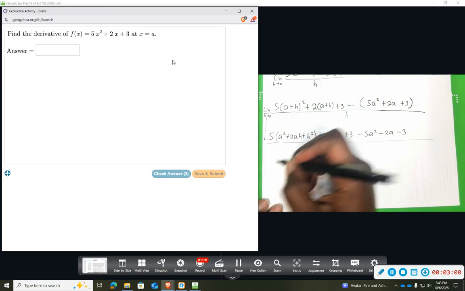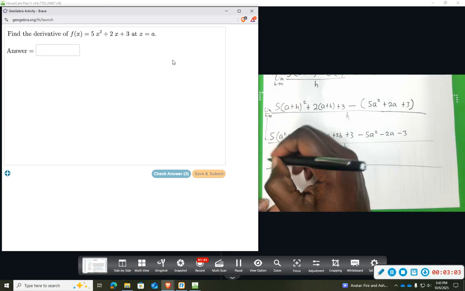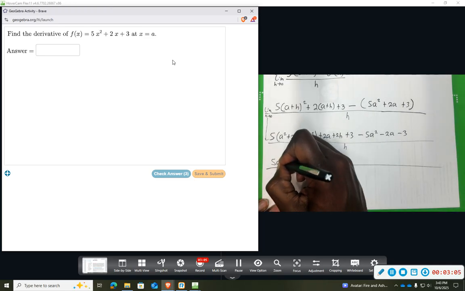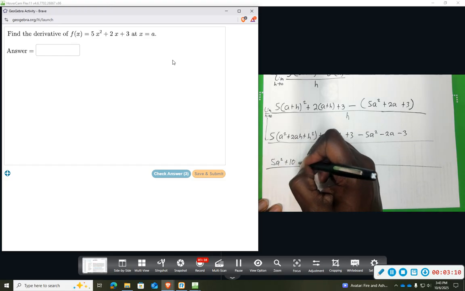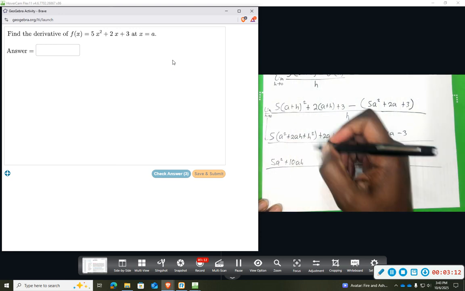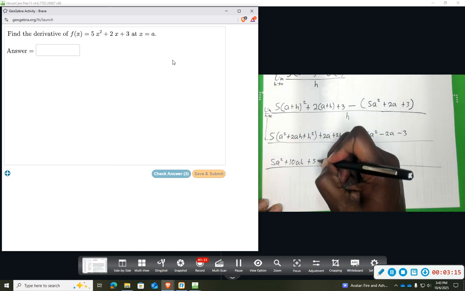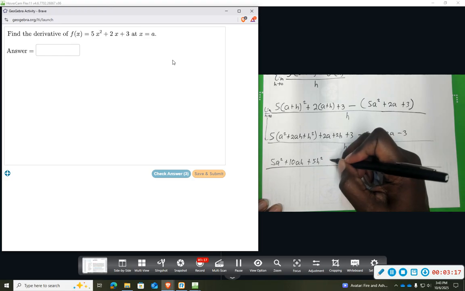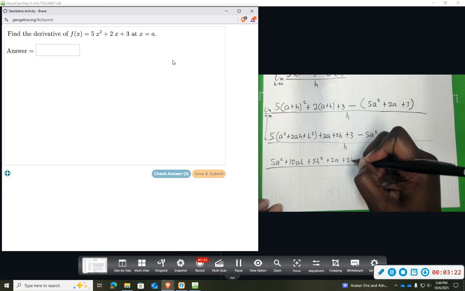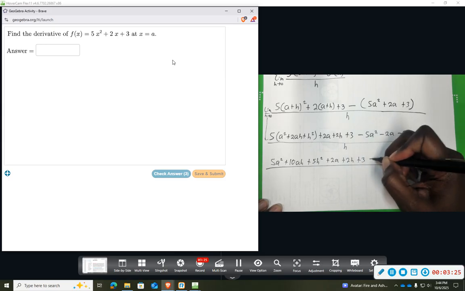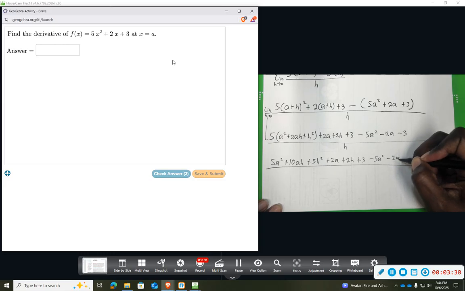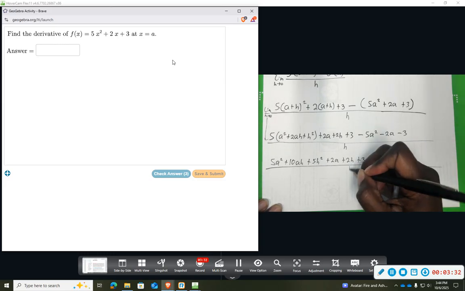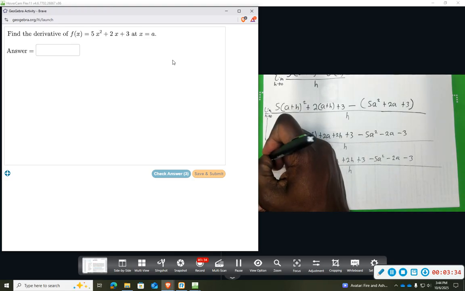So distribute the 5 through. That's going to give me 5a squared plus 10ah plus 5h squared plus 2a plus 2h plus 3 minus 5a squared minus 2a minus 3 all over h, and again still our limit.